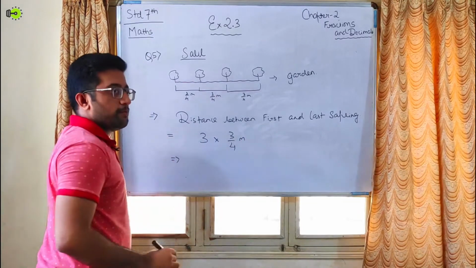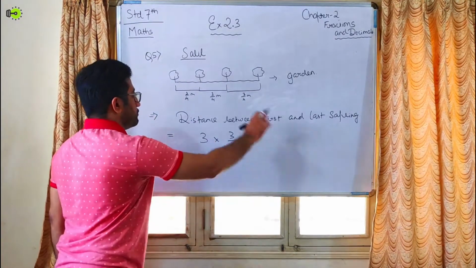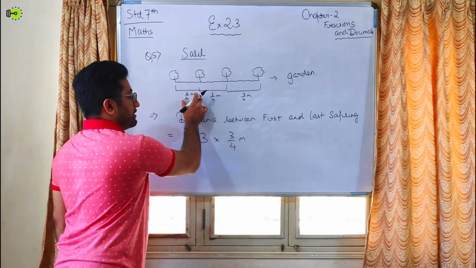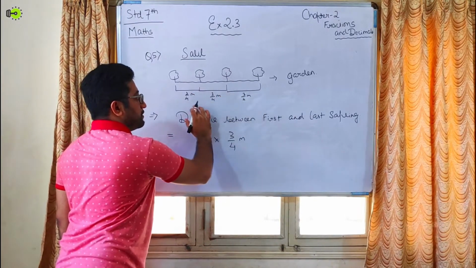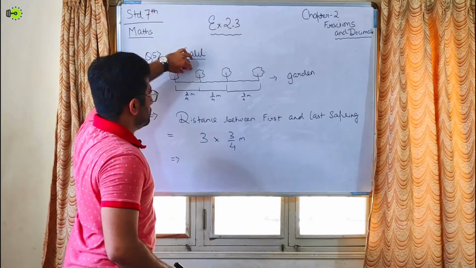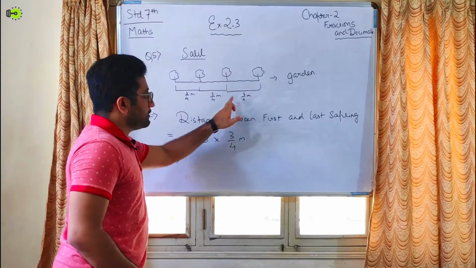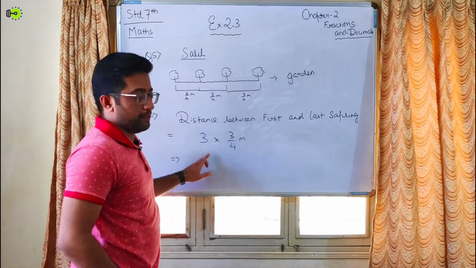So can anybody tell me why I have multiplied 3 whole number here? Yes, because the distance between the first, second, third and fourth is 3 by 4 meters. So there are total 3 gaps. This one and this one. So we have multiplied this distance, multiply 3.